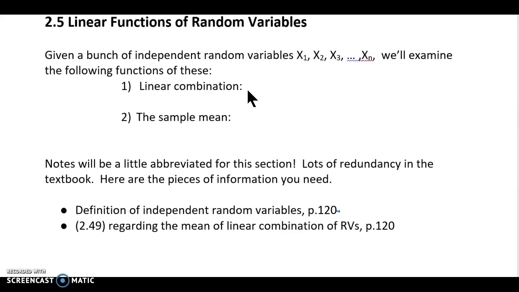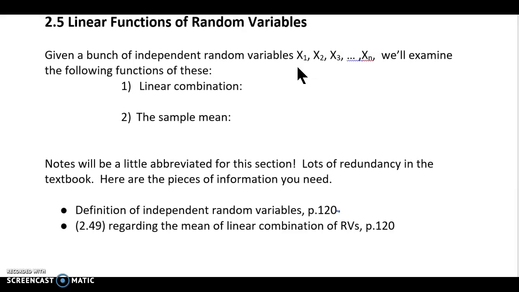All right, so we're really starting to transition into statistics now. What we're talking about here is linear functions of random variables. In the last section, we talked about two random variables that were related to each other. Instead of just looking at one random variable at a time, you're looking at two at a time.